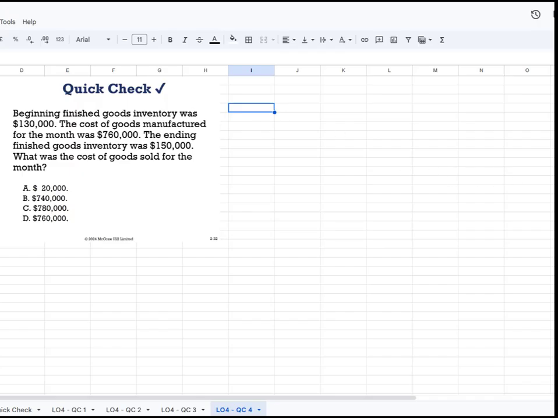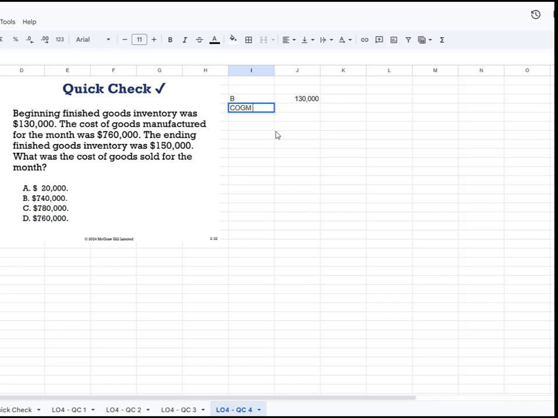All right, welcome back. So we have finished goods inventory beginning of $130,000, fabulous. And then cost of goods manufactured, so this is our finished goods inventory, stuff that was finished throughout the month, so our COGM that came from our WIP.